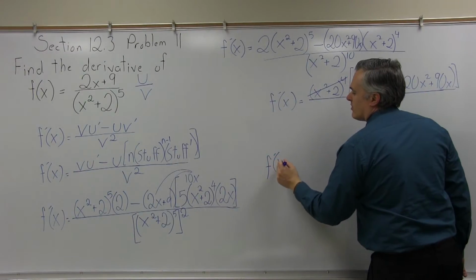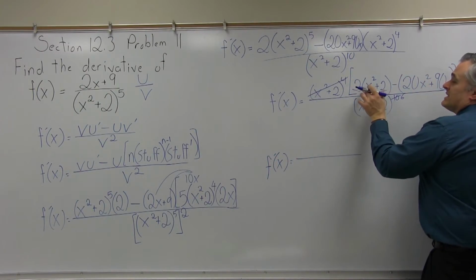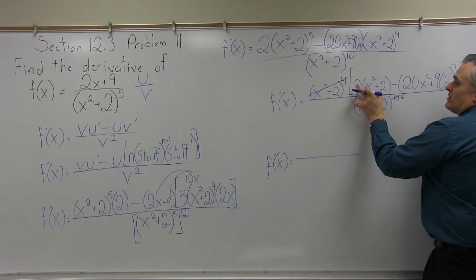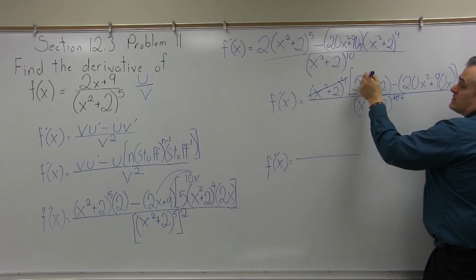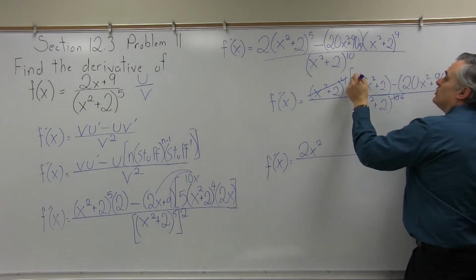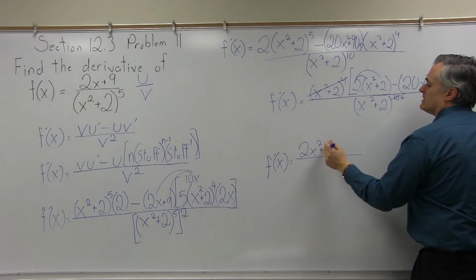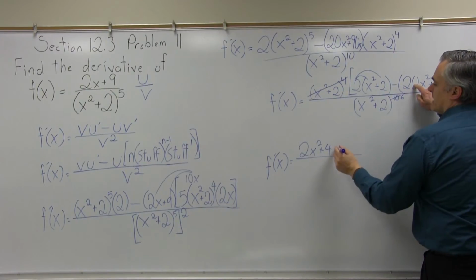So now f prime of x is, what's left after I do that cancellation? What I have here, the 2 times (x squared plus 2), I can clear those parentheses. 2 times x squared is 2x squared. 2 times 2 is 4. And then I'm going to subtract 20x squared.